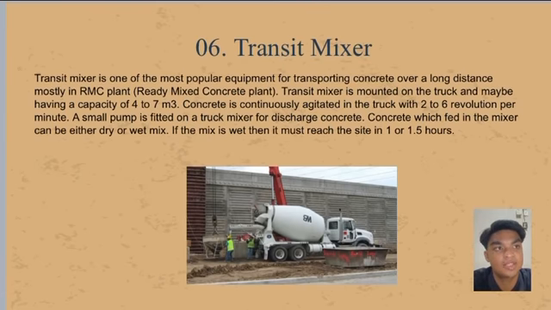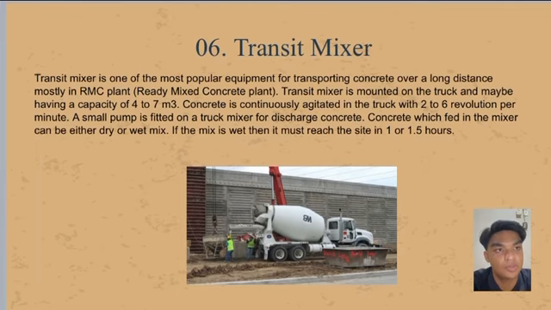Number 6, transit mixers. Transit mixer is one of the most popular pieces of equipment for transporting concrete over a long distance, mostly in RMC plants, ready mixed concrete plants. Transit mixer is mounted on a truck and may have a capacity of 4 to 7 cubic meters.